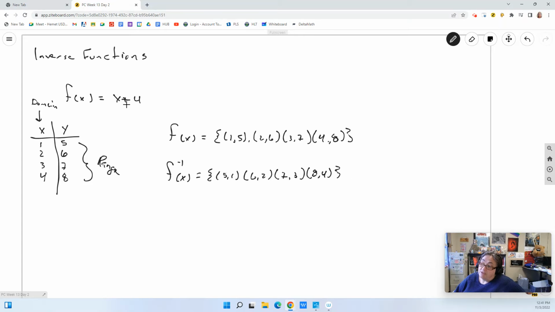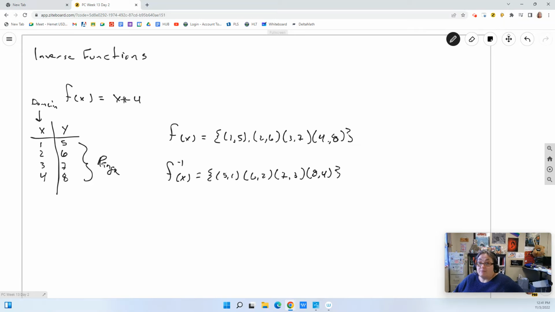In this case, I would just subtract 4 from everything. So the inverse of x plus 4 would be x minus 4, right? The inverse of 4x would be x divided by 4.